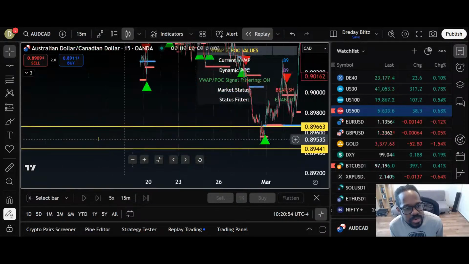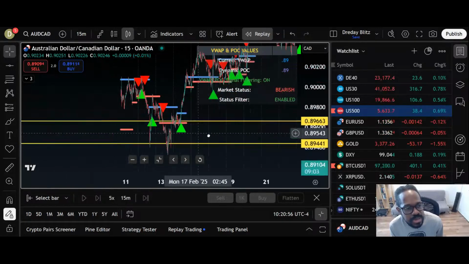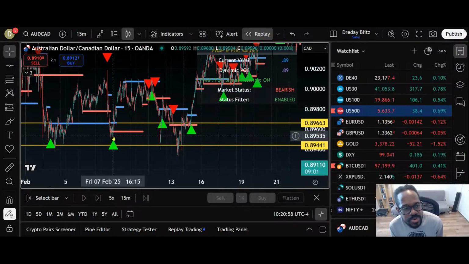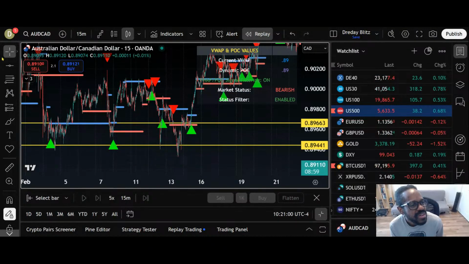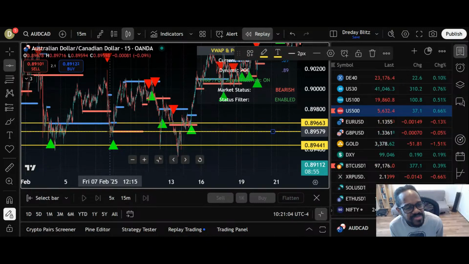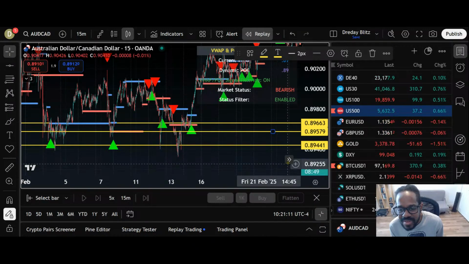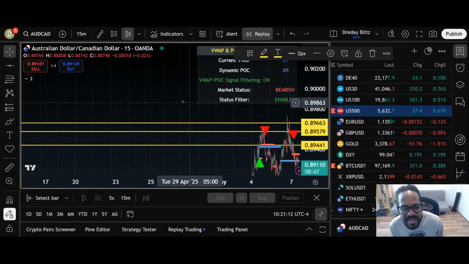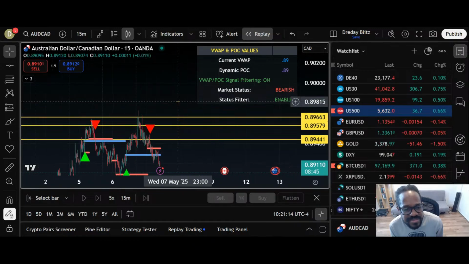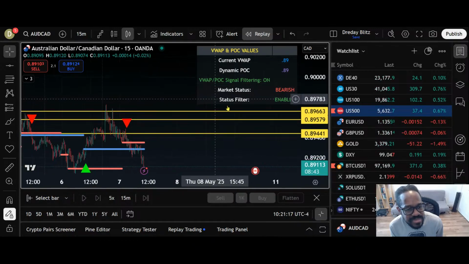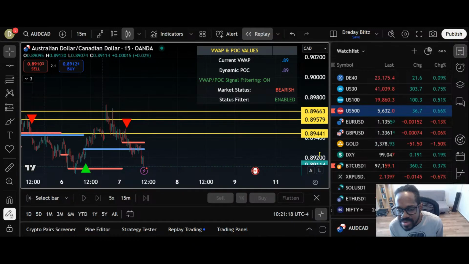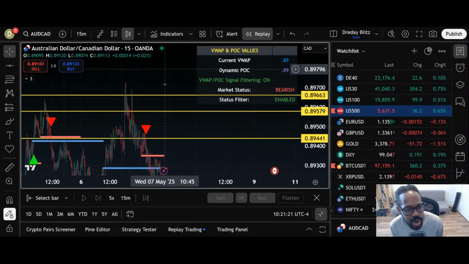So far, oh, so you see here, we had one right here. So boom. If you want to have something wide for your stop loss, that'll be here.